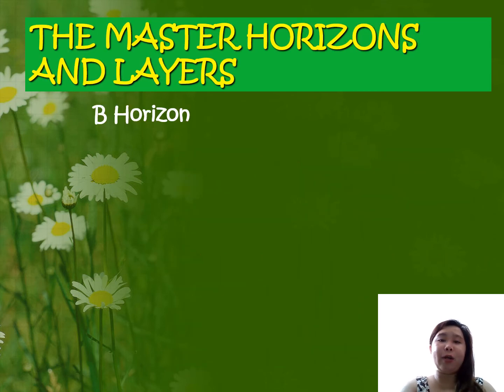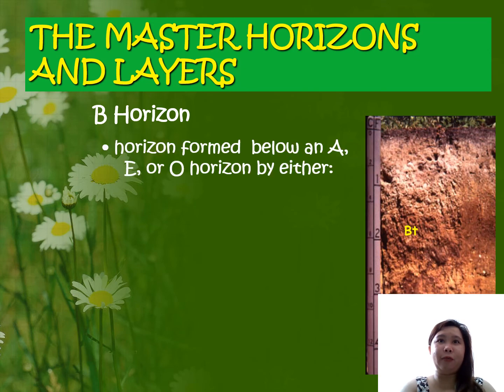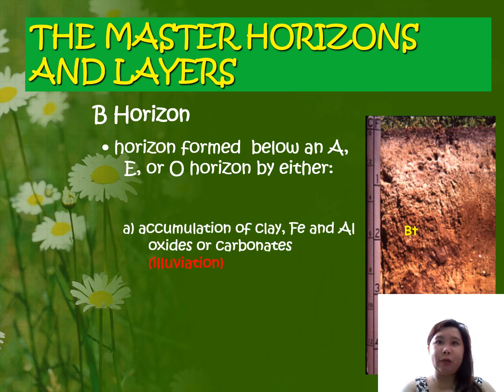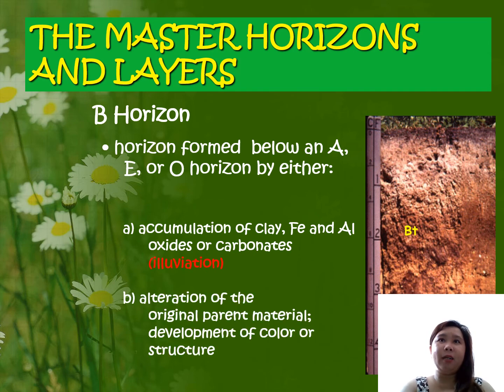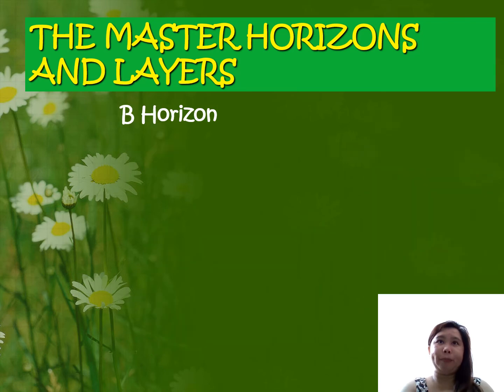The next master horizon is the B horizon. B horizon is formed below an A, E, or O horizon either by accumulation of clay, iron, and aluminum oxides or carbonates. This process is also called illuviation, or by alteration of the original parent material, development of color, or structure.